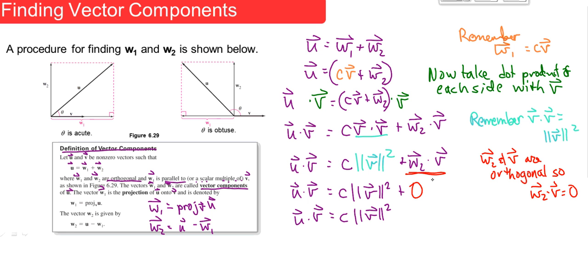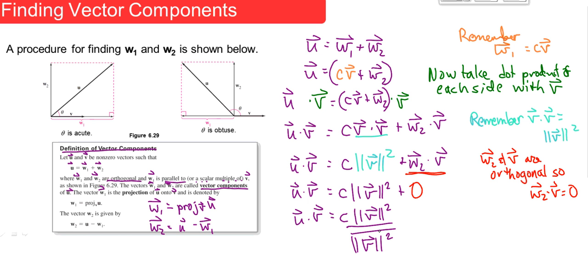And now let's get C alone. We want to know what that scalar C is, so we're just going to divide each side by the magnitude of V squared.